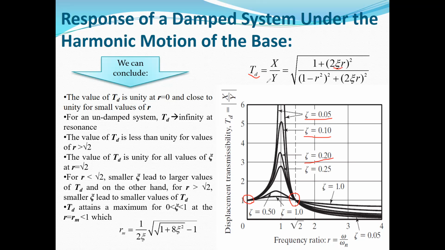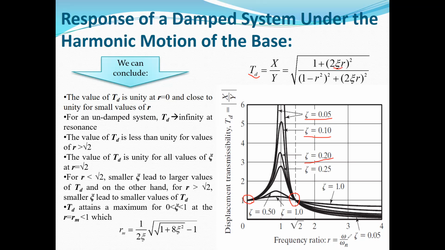So if you pass a bump, for example, with a height of 20 centimeters, the displacement of your car body will be exactly 20 centimeters when omega is equal to omega n. Or when the frequency of the excitation is equal to 1.4 times the frequency of your suspension system, again, you can feel exactly the same amplitude of the bump in your car.